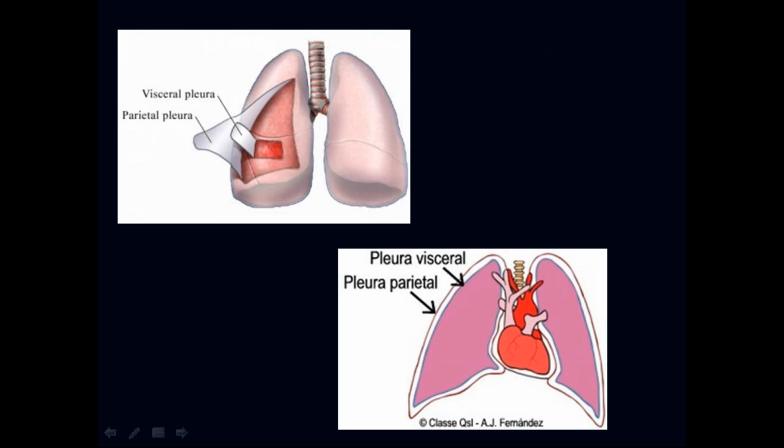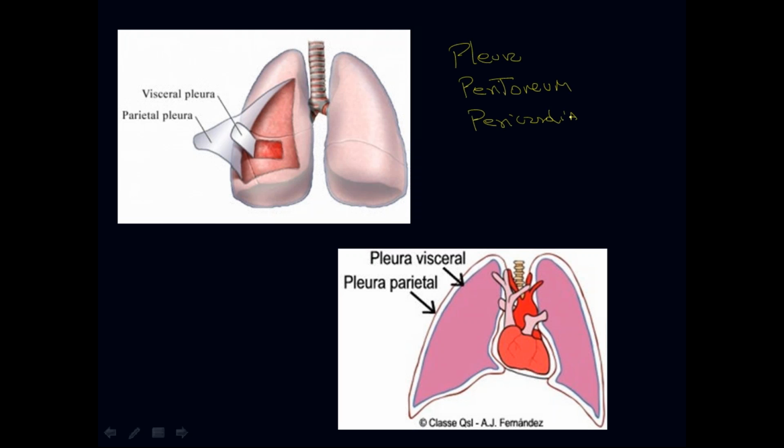So we have the membranes. Remember the membranes? Those are membranes we call serous membranes that are epithelium. This is the pleura, the peritoneum, and the pericardium.